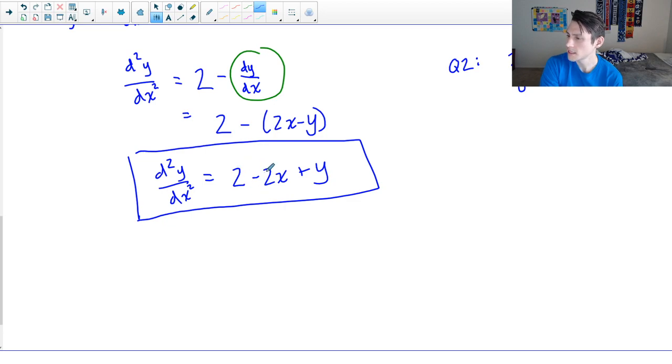Okay, so 2 minus 2 times x. Well, if x is a negative number, which is then being multiplied by -2, then that means I know that this will always be positive in quadrant 2.